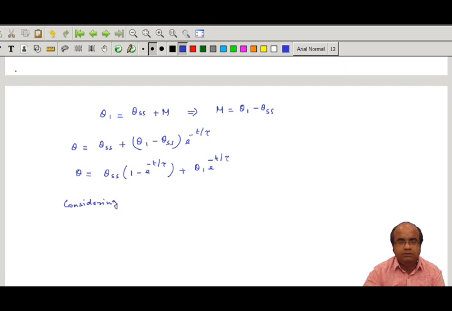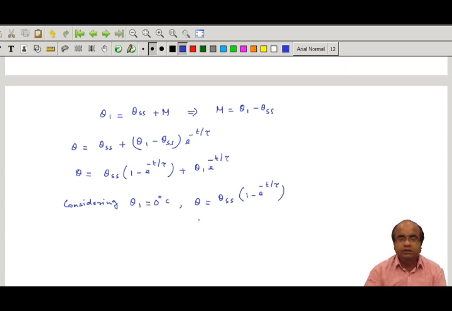Considering theta 1 equals 0 degrees centigrade, that is, the initial temperature rise is starting from the ambient temperature. That defines theta equals theta SS into 1 minus e to the power minus t by tau.